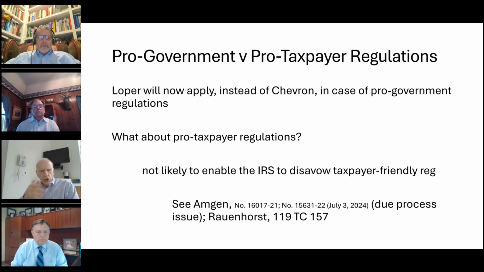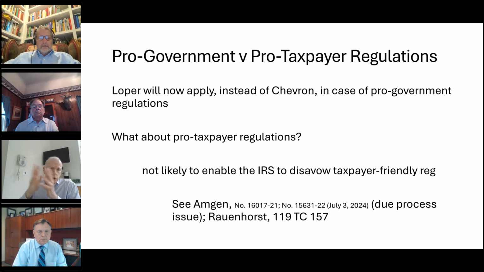I threw some citations at the bottom of the slide. There's this recent case in the tax court, the Amgen case. It was decided just a few weeks ago, on July 3rd. It was an order on a motion for summary judgment. The court talks about how if the IRS were to try to take away a taxpayer-friendly position that the taxpayer had relied on, that might violate due process, which I think is kind of interesting.